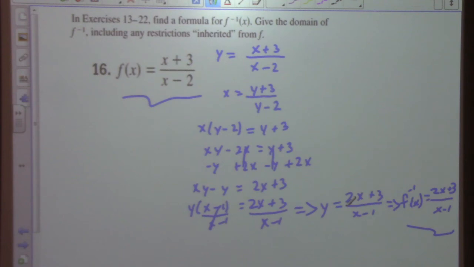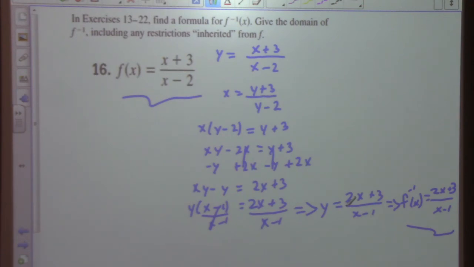So you multiply through by y minus 1. So what you get is xy minus x. And you have to add x to the side, so that's plus x.